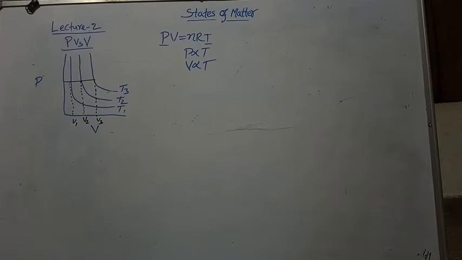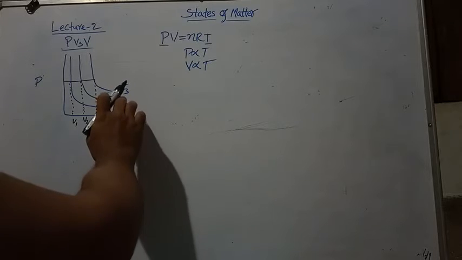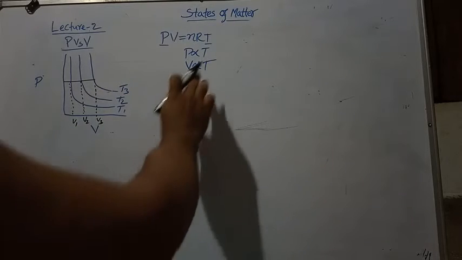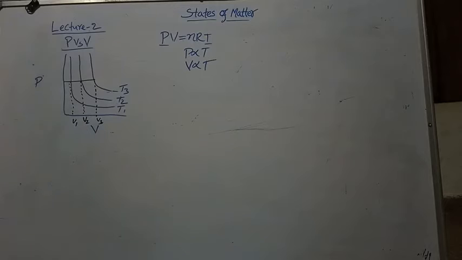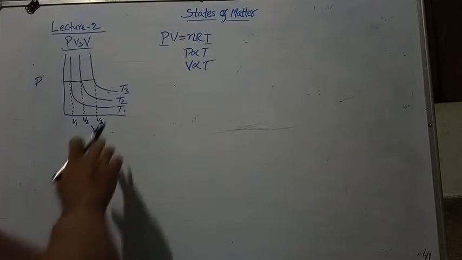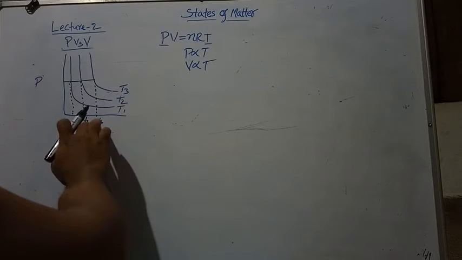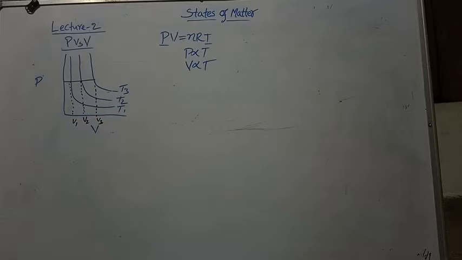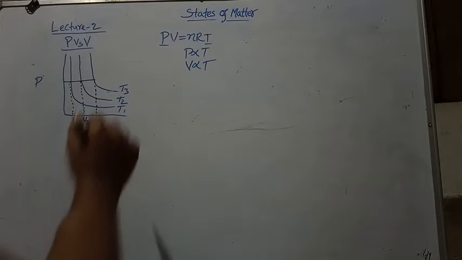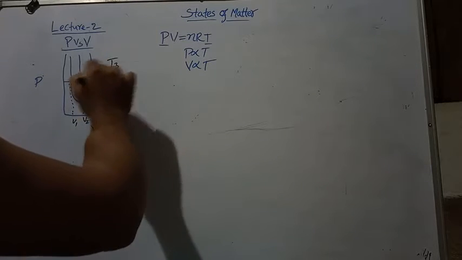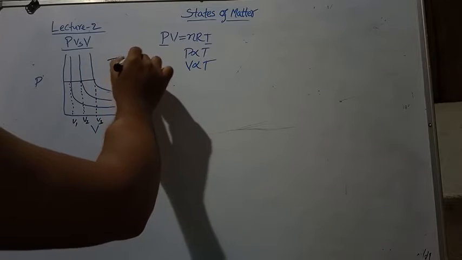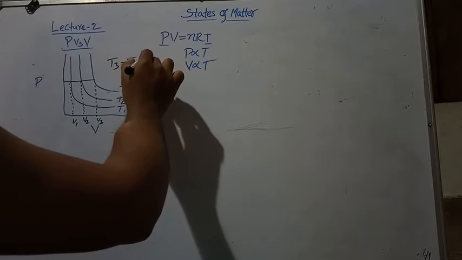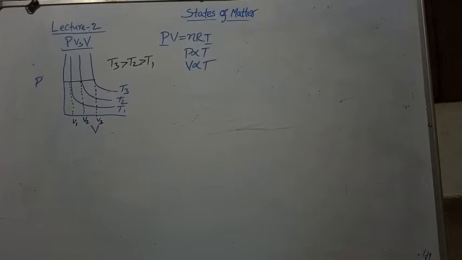So if you observe, whenever we increase the temperature, volume increases. At T3 volume will be more, at T2 next, at T1 volume V1. From this we conclude that T3 gives more volume, then T2, then T1. This will be the relation.